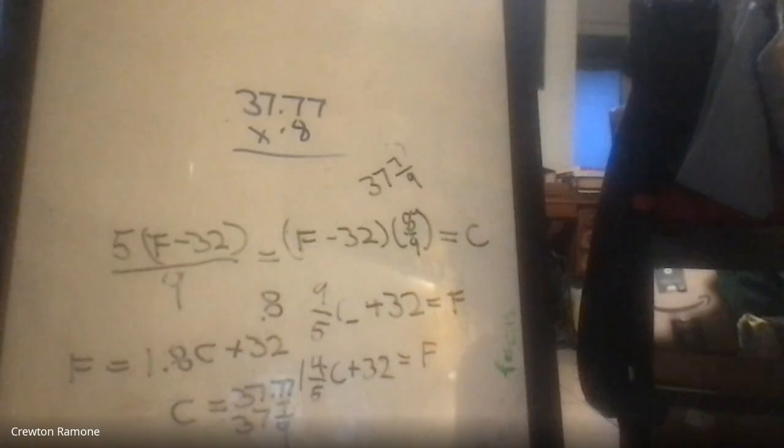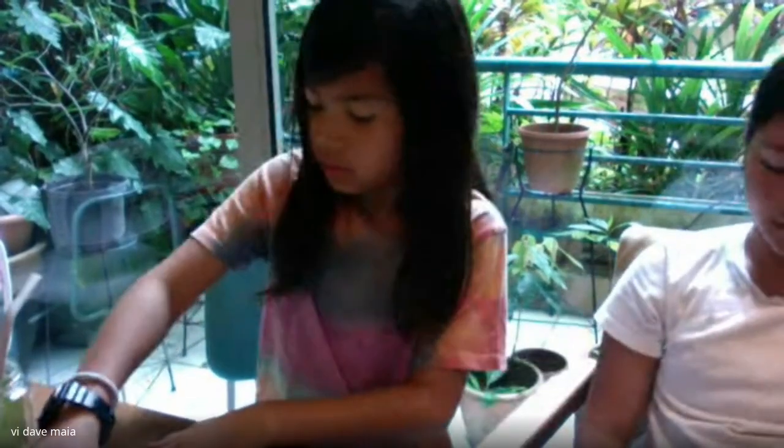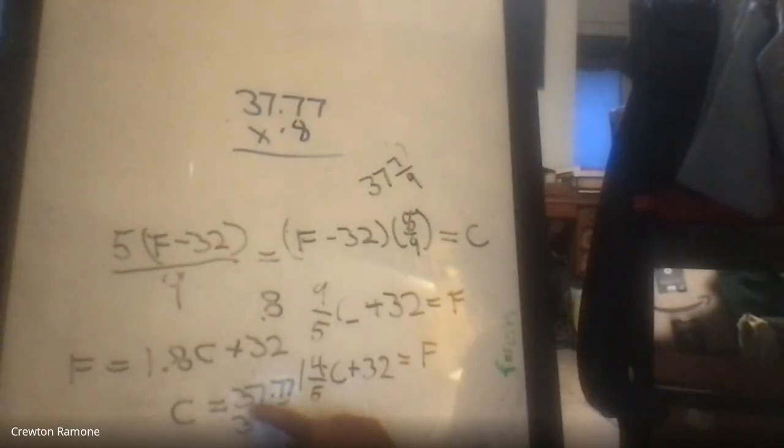Because here's the thing, if I multiplied by 2, I'd only have 74. Right? Okay, so what's 1.8?